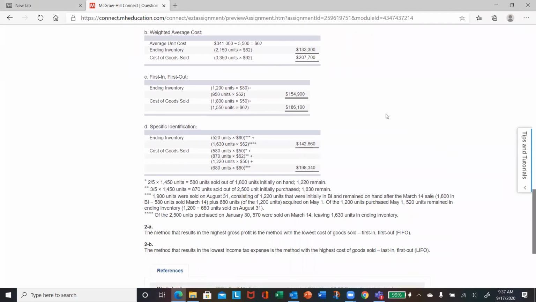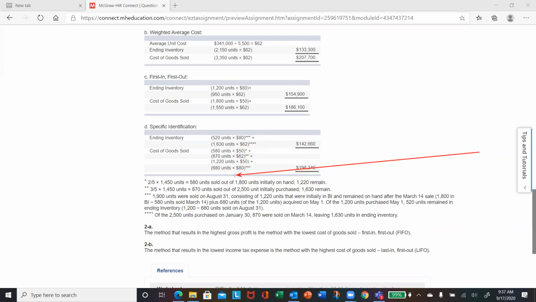You just have to track these individually, and they're showing you specifically what's left over. And this one's a little tricky because they're showing you essentially how you come up with some of these numbers. They give you the 3 asterisks right here, and you can follow this to tell you exactly how they're coming up with the specific numbers that are left for both ending inventory and for your cost of goods sold.